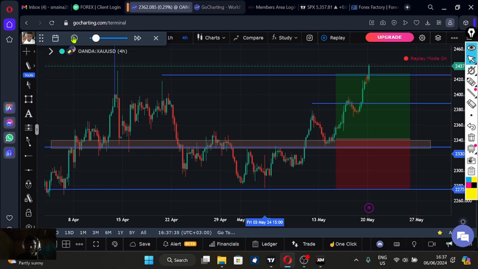This is a very powerful strategy that professional traders use, the break and retest strategy. One of the most powerful strategies that I personally use in my trading. It works like every time.